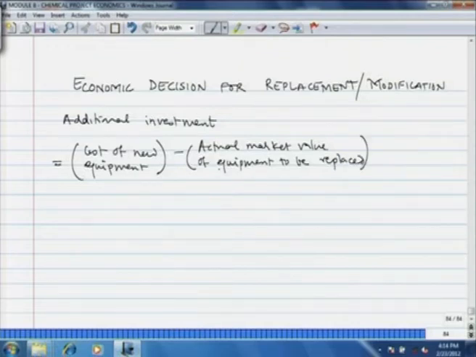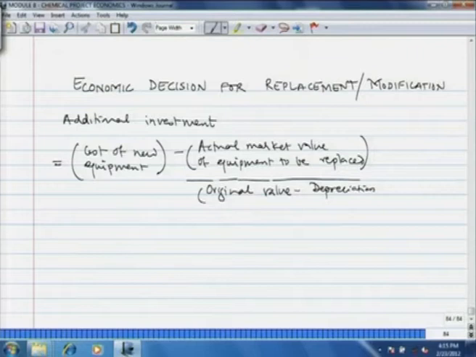Now there is another method for calculating this, which is the original value minus the depreciation fund that is accrued. However, we have to take the actual market value because we may be in error while estimating the depreciation at the beginning of the project. So we go for the actual market value.